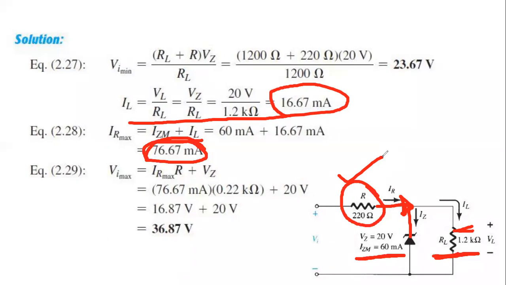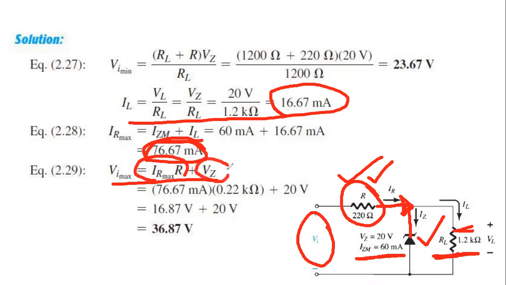Now we need to find the maximum voltage drop across R. The input voltage will always drop across the resistance R and across these two parallel branches, only one, because those are parallel. That's why it is IR max into R plus VZ. VZ is 20, IR max we found is 76.67 milliampere, and the resistance is 0.22 kilo ohm.